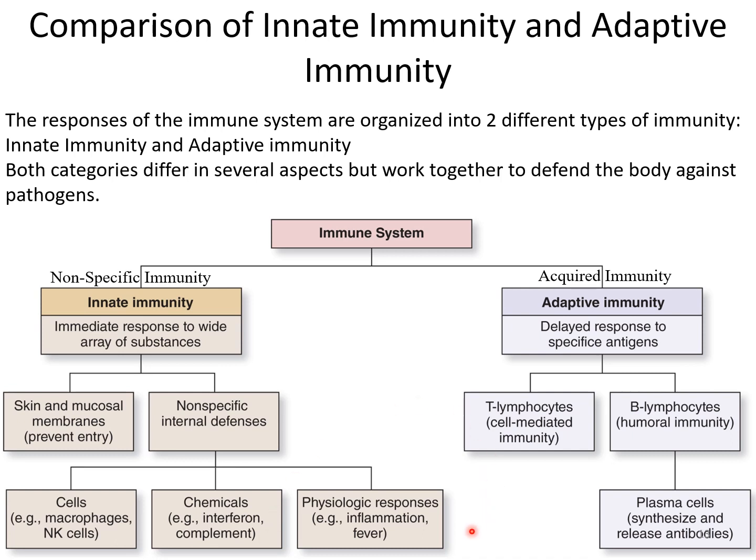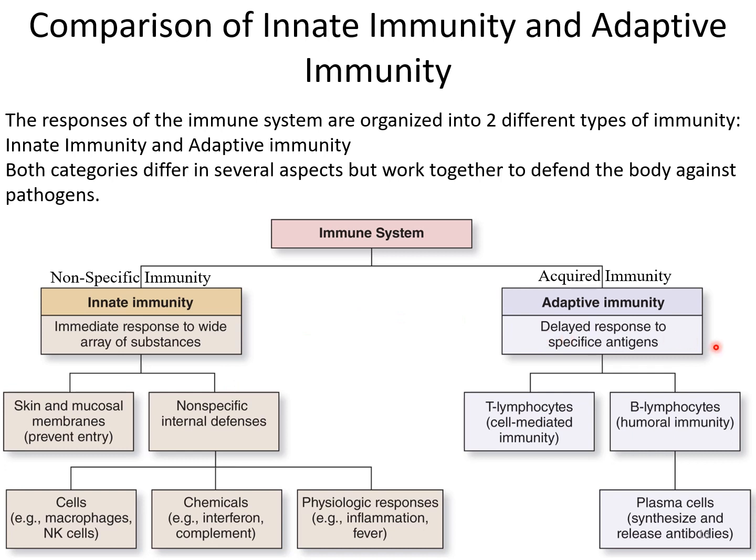But these are just different chemical processes that happen within our body, again, non-specifically. And then we've got our physiological responses, inflammation and fever. So again, those are generalized responses to curb the development or reproduction of pathogens in our body. So we've got cells, chemicals, and physiological responses. Those are all part of our non-specific internal defenses as our innate immunity.